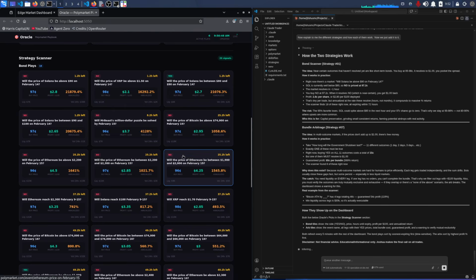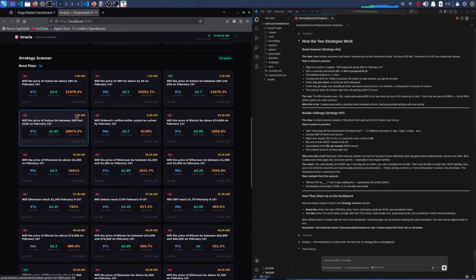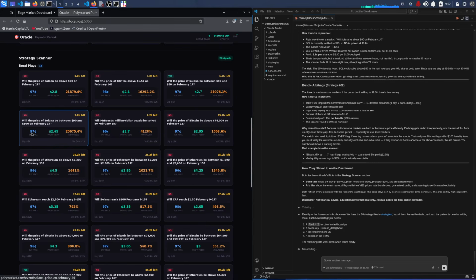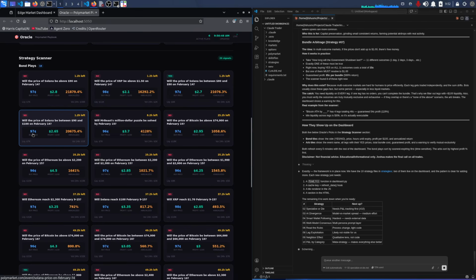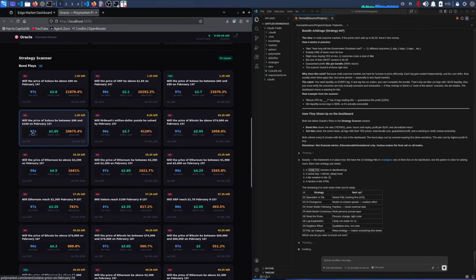So I get why it's picking these. I just don't like. So there's only almost an hour and a half left. It's at 97 cents. In an hour and a half, it'll be worth $1. So you profit 3 cents a share on this one.